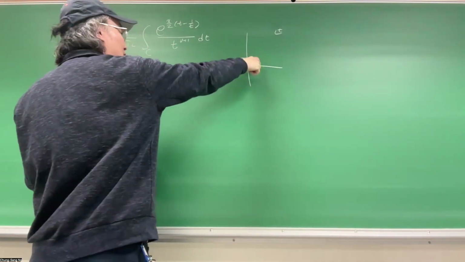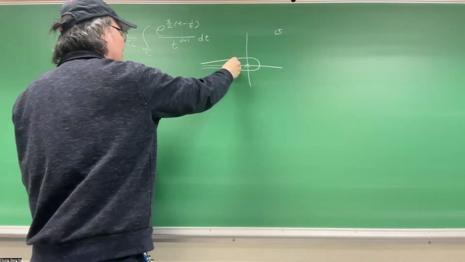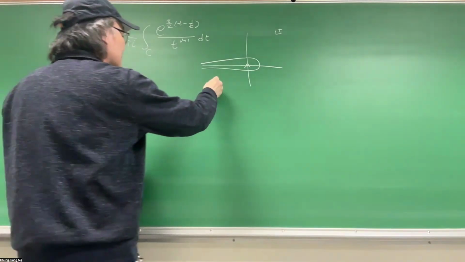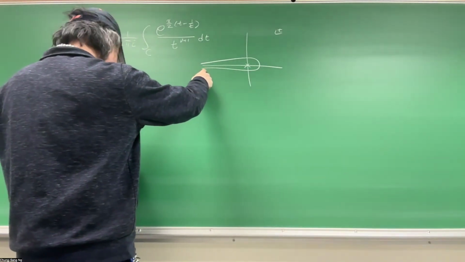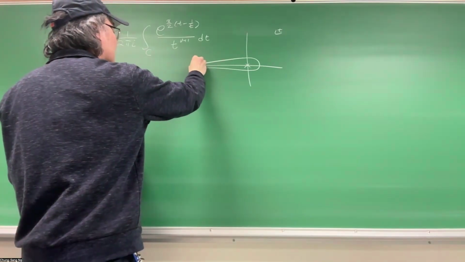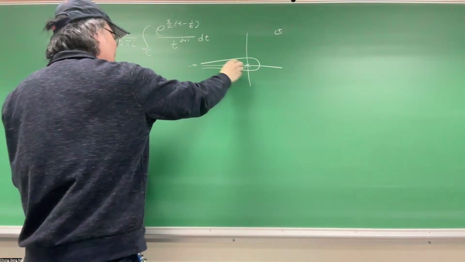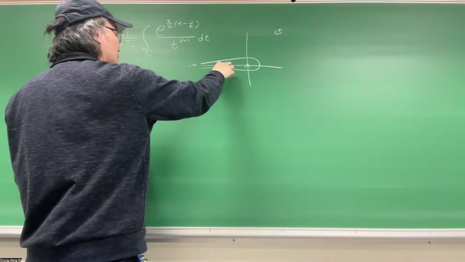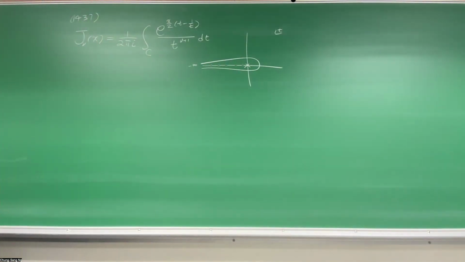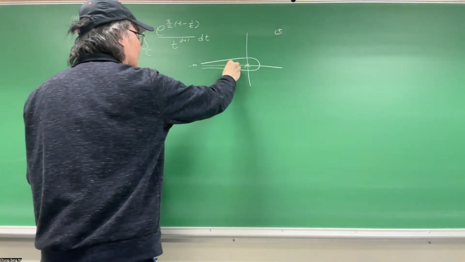You can draw a little circle around a branch point, but it actually doesn't matter because you can always deform it. Right? And then the beginning and the end is at t goes to negative infinity. But it's just going around the branch cut for non-integer nu. So going around like that.